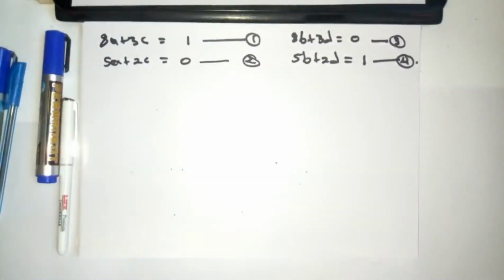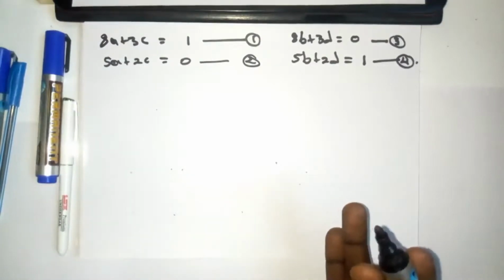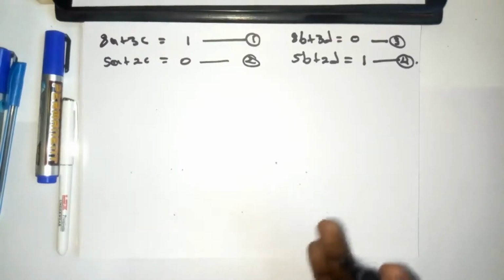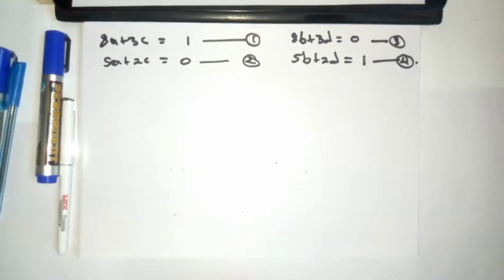I can either use the elimination method or the substitution method. You can use the method of matrices, which we have not yet covered; we shall look at that. You can use the graphical method too. But for this case, we are going to solve them using the elimination method.